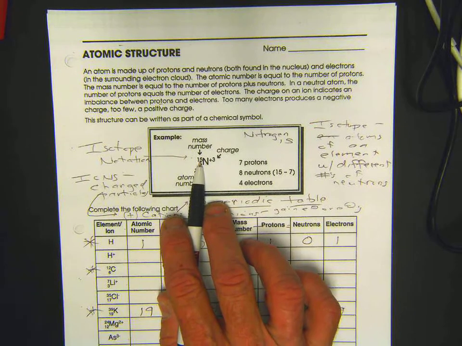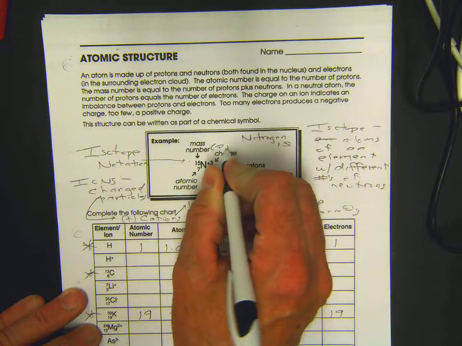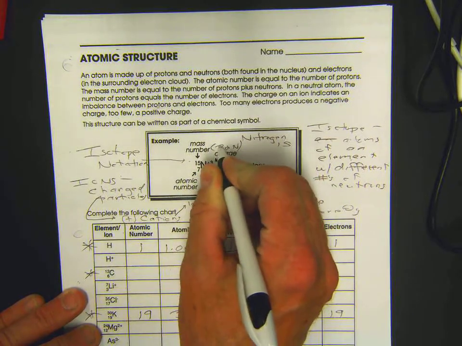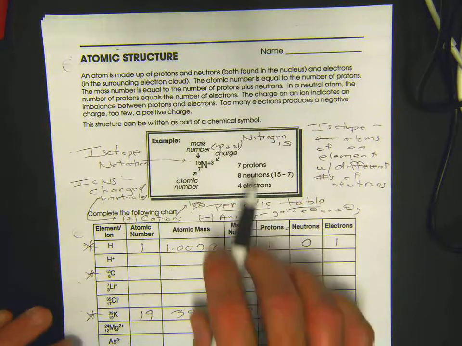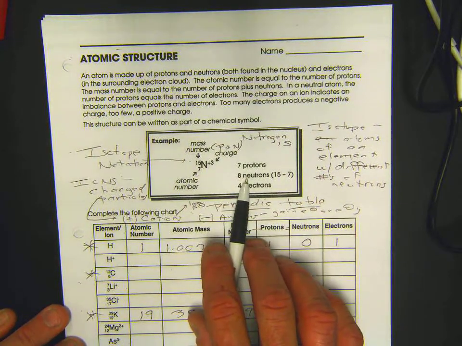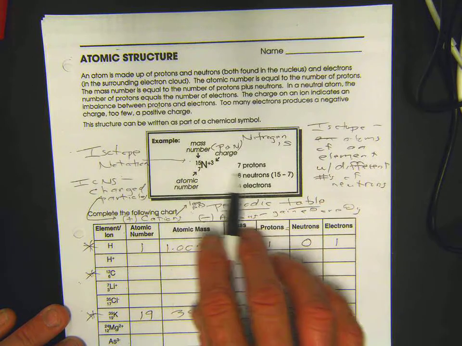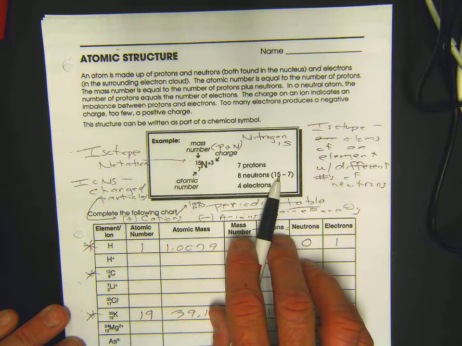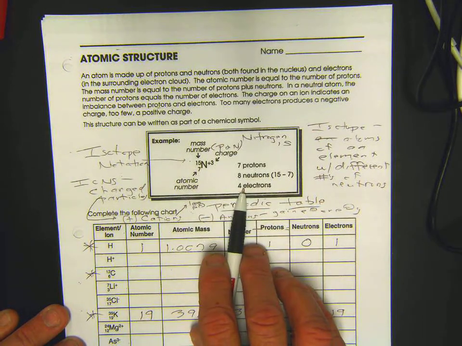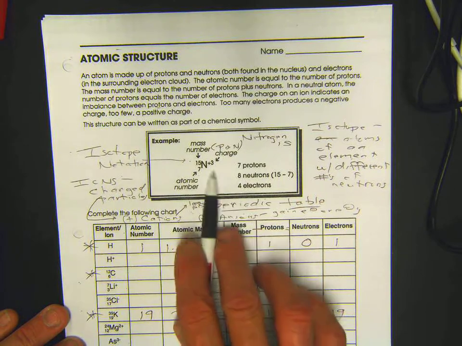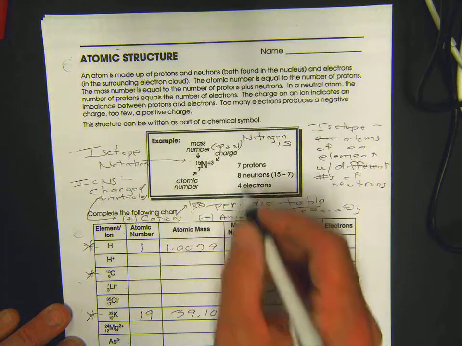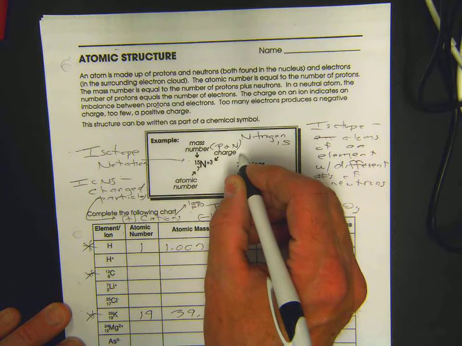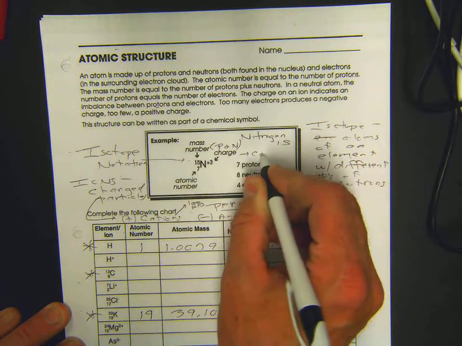The mass number is 15, which means there are 15, I'll just designate that as P plus N. All right. So I've got 7 protons. I could determine 15 minus 7 would give me 8 neutrons. Now notice there are only 4 electrons in this particular entity. This is positively charged, so this is a cation.